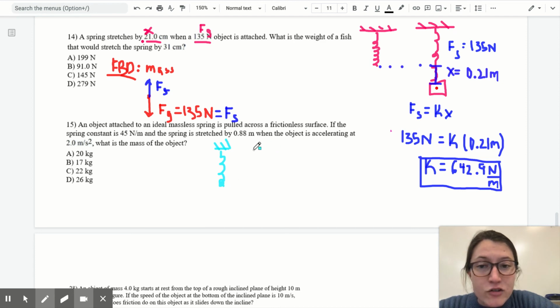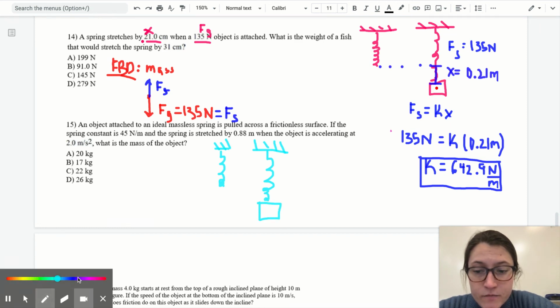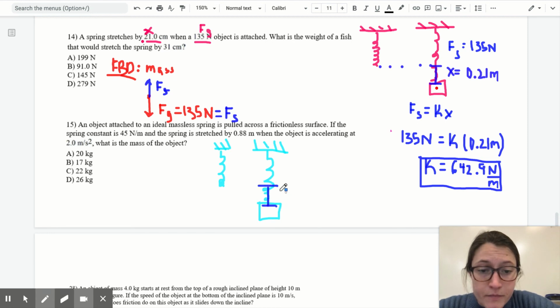When we add this new weight onto it, it's going to now stretch a new displacement of 0.31 meters.